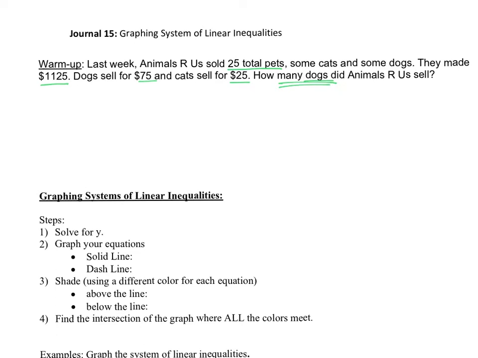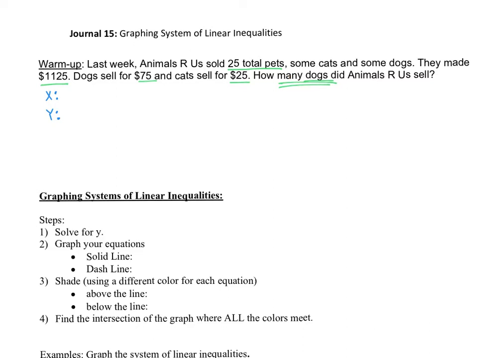So first off, when we're creating an equation to represent this system to solve for how many dogs, we need to declare some variables. So that's where I like to use just x and y as my variables. So I'll declare what x is going to be and what y is going to be. In this case, I want to know how many dogs are being sold at Animal RS.